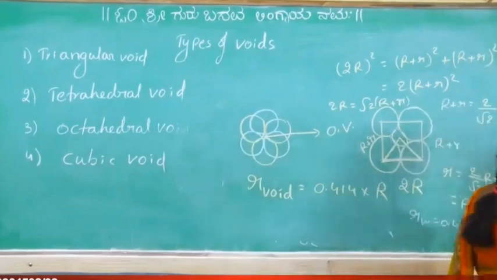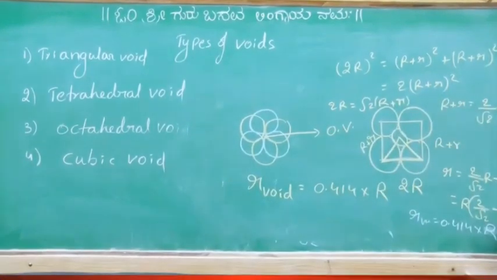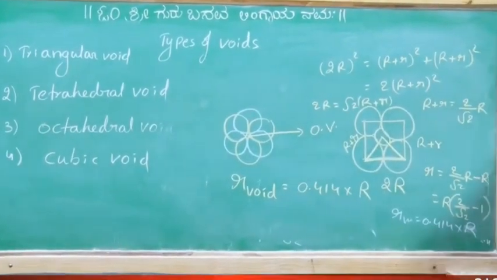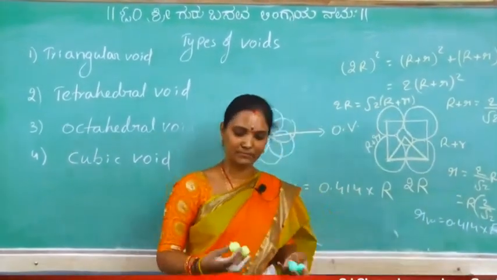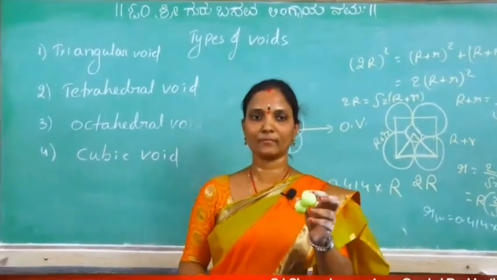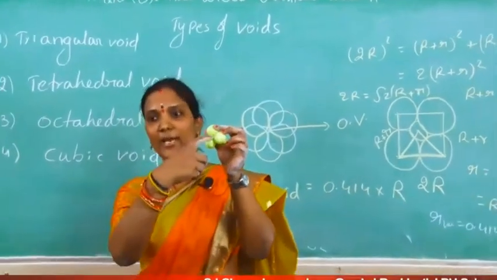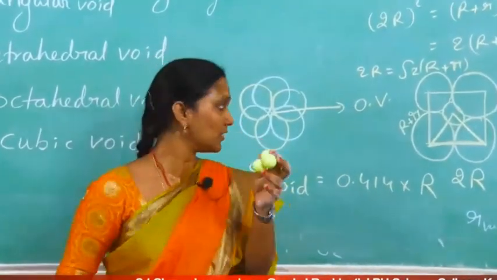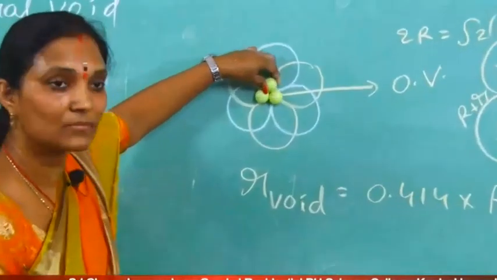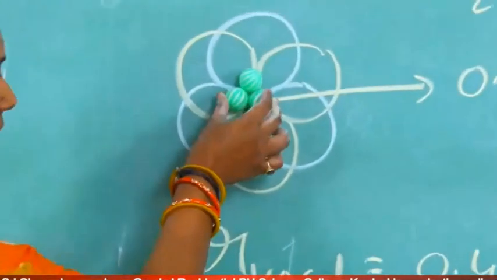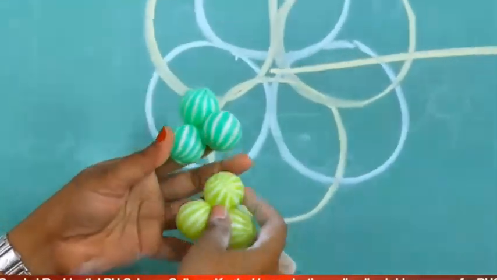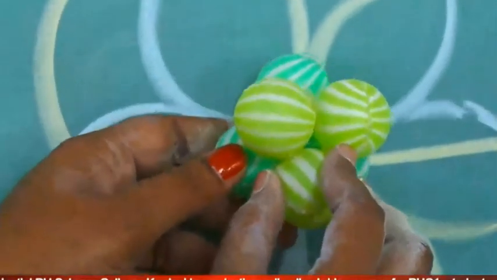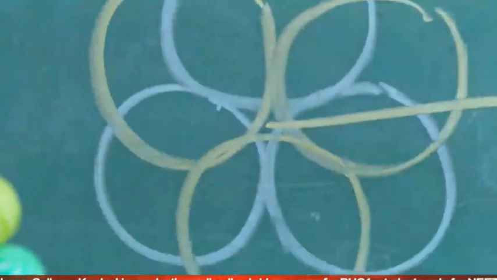Now see this one. This is one layer. This is a triangular void. This is one layer, 3, like this only. Otherwise this color, blue color, I used there. So 3, and on these 3 from the next layer I placed the same arrangement.